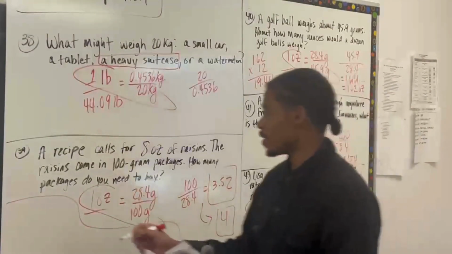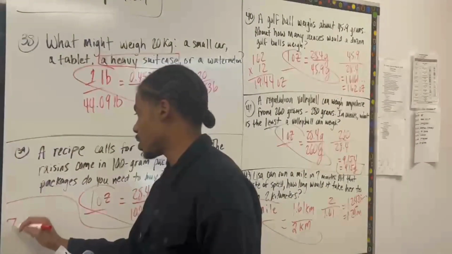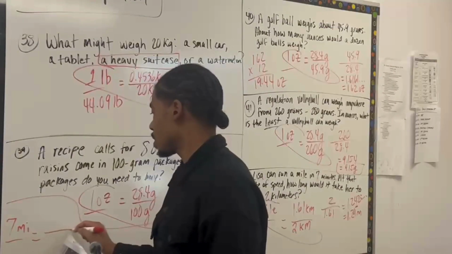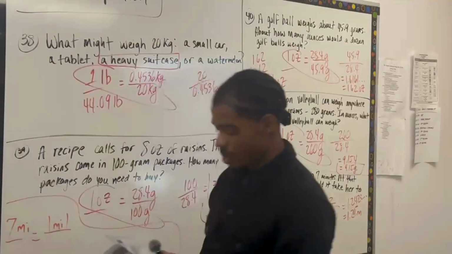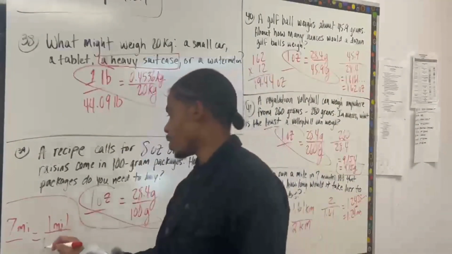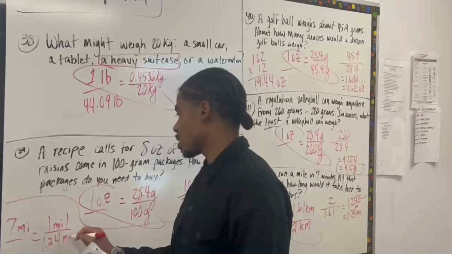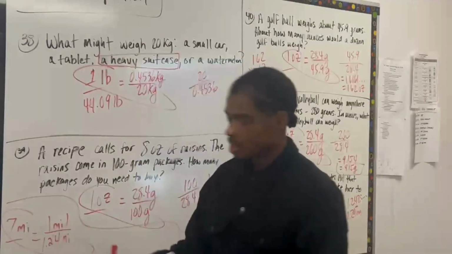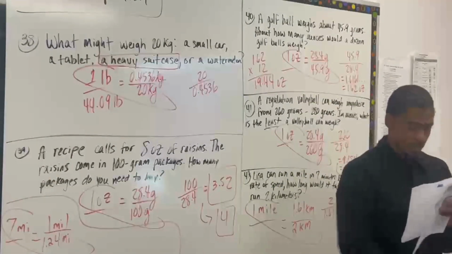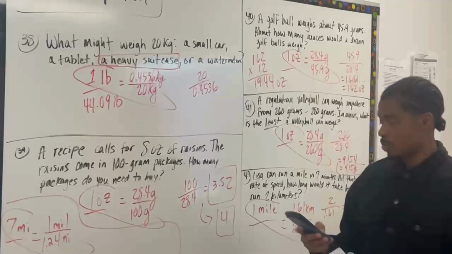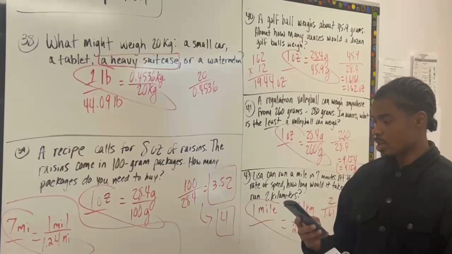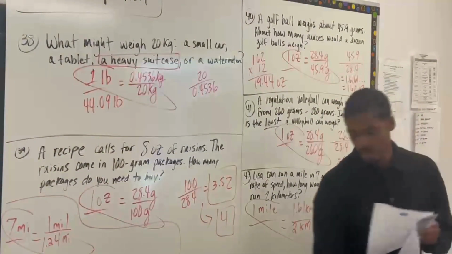So if she got a 7-minute mile, so I'm going to say 7 minutes, 1 mile, and then we found our distance, 1.24 miles, cross multiply here, so we got 1.24 times 7, that would have given us 8.68.